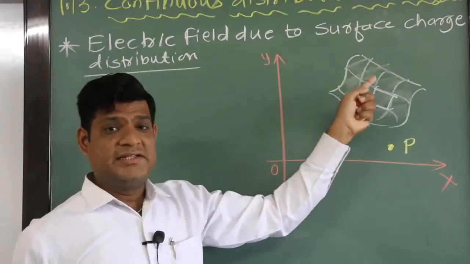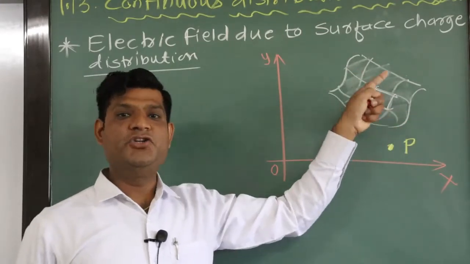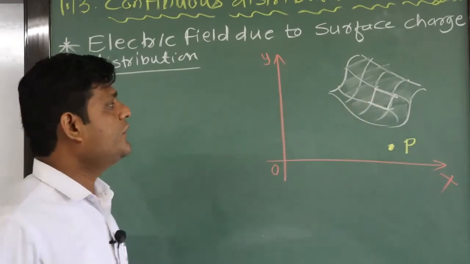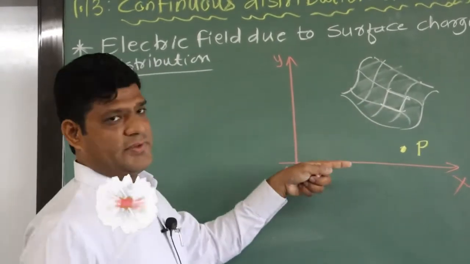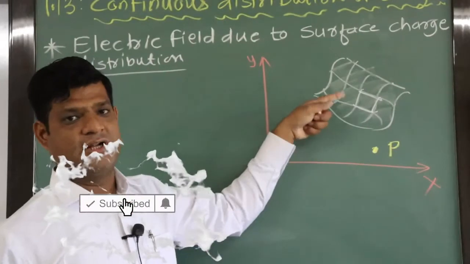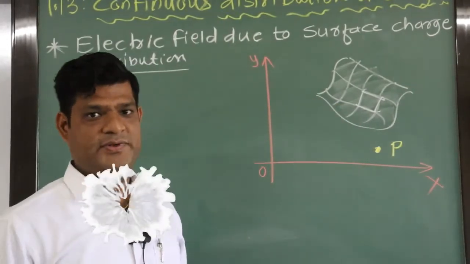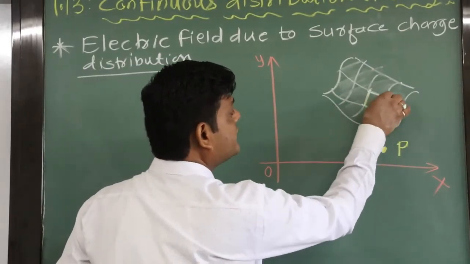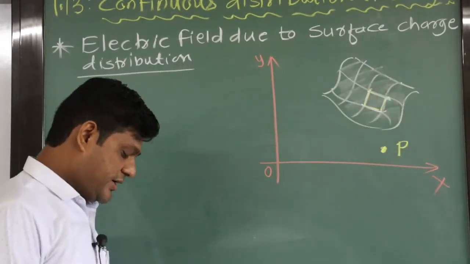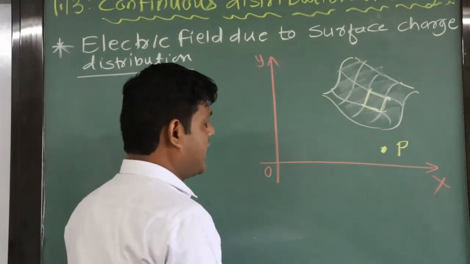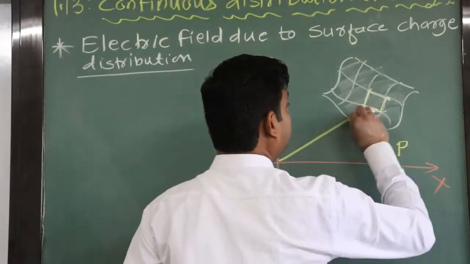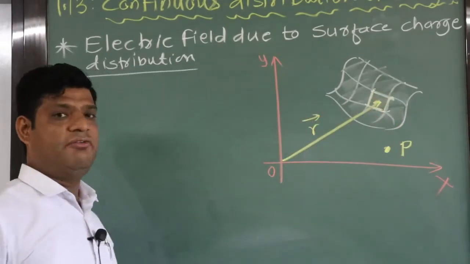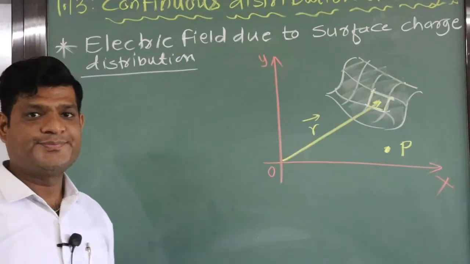This is our aim, to find the electric field at point P due to the surface charge distribution. It means the charges are uniformly distributed on this surface. So we divide this surface into small areas and consider one of them. Here, small r vector is the position vector of the small area.